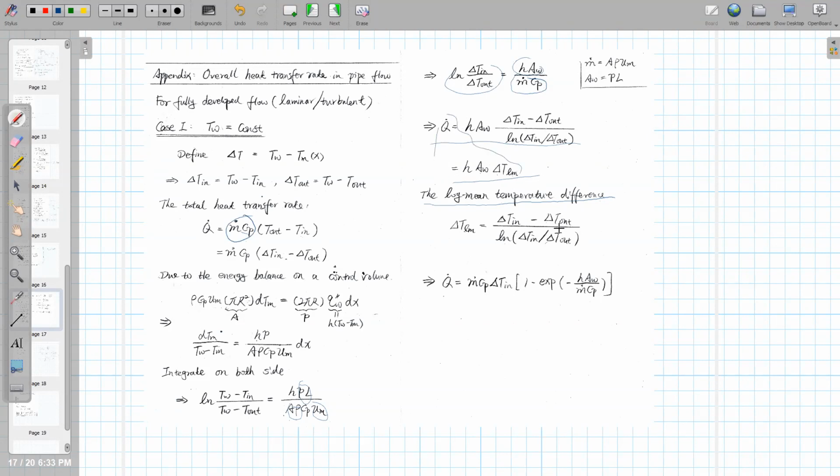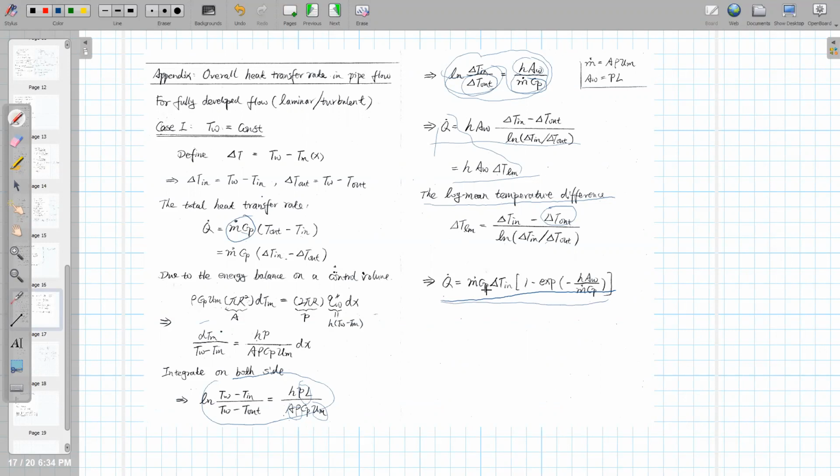But usually you do not know what the delta T out will be, so from this solution here, you replace delta T out with all the other terms, because you have the correlation, and you will get the final result. This is how you calculate the overall heat transfer rate.